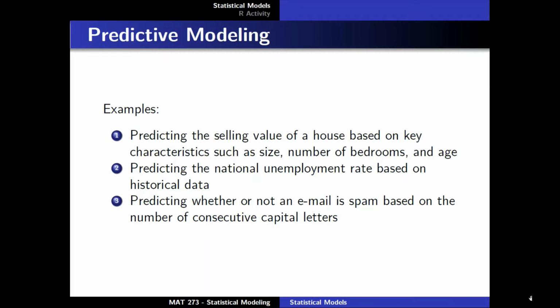If it thinks that's high enough, based on certain characteristics of the email, such as the number of consecutive capital letters, then it might flag it as spam. You can imagine a spam email might have a ton of caps. Sometimes they're very strange like that, but normal emails typically don't. So they can use a predictive model in this way.